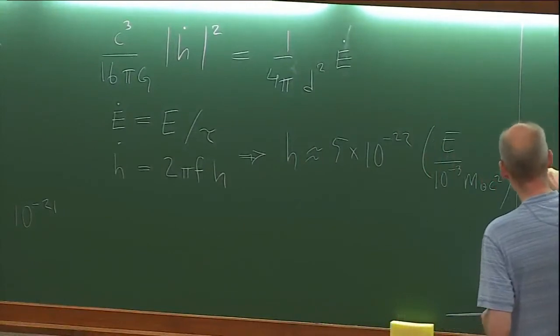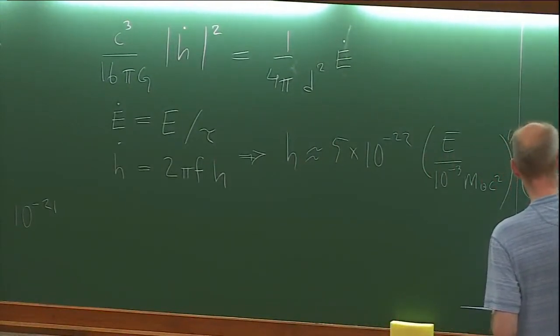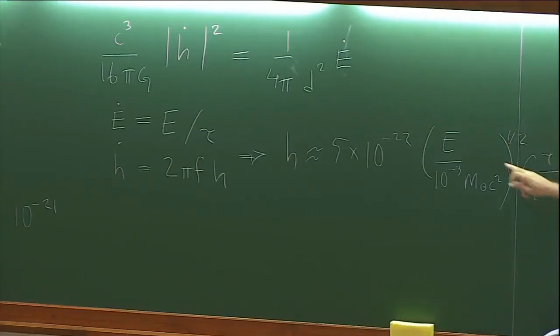I've got tau of 1 millisecond, also square rooted, but 1 over that, because I got E over tau. I've got the frequency scaled to a kilohertz, to the inverse power, and then finally the distance, 15 megaparsecs, also inverse.